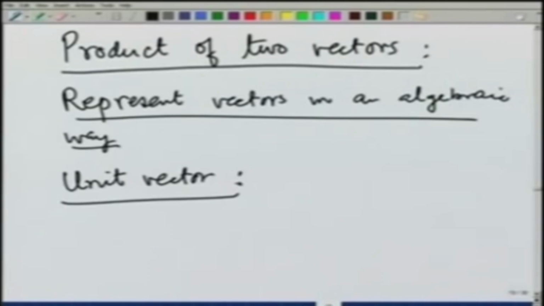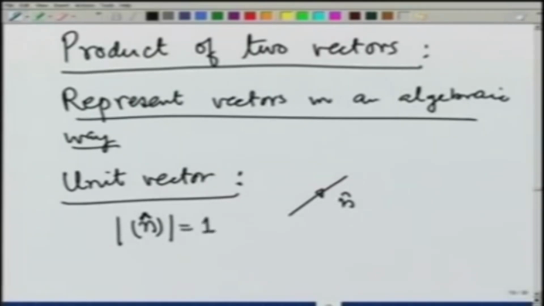A unit vector is a vector of magnitude 1. So, let us say unit vector n, and to show that it is a unit vector, we make a hat on top of the vector. This magnitude is going to be 1, and it could be any direction.